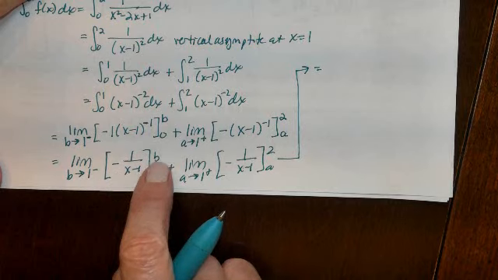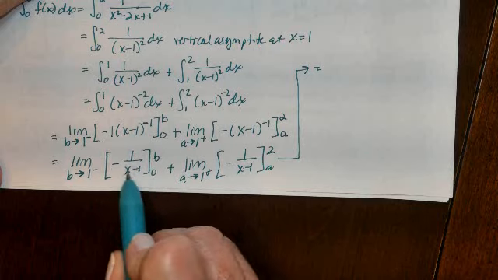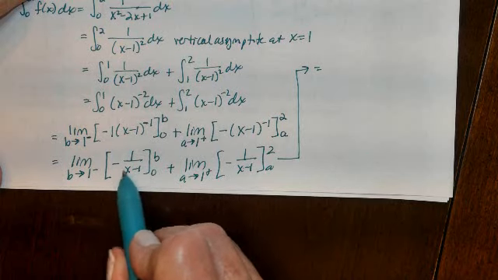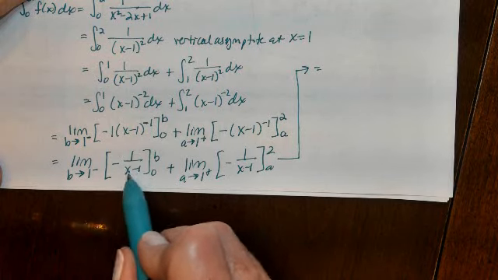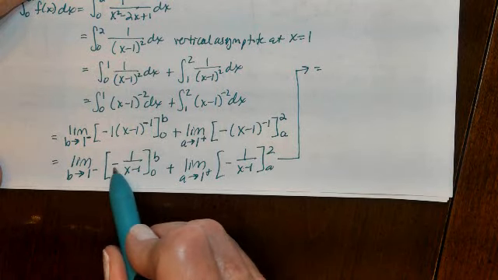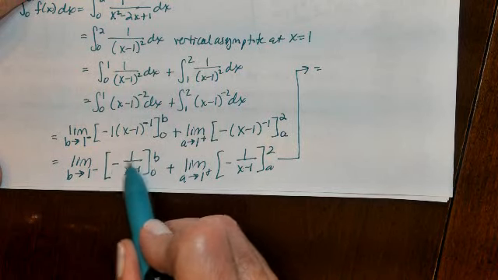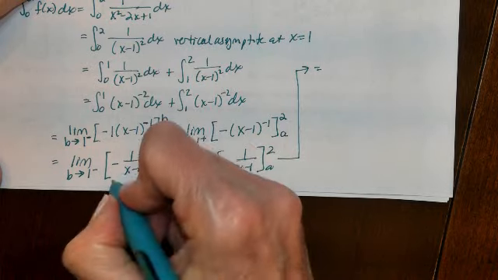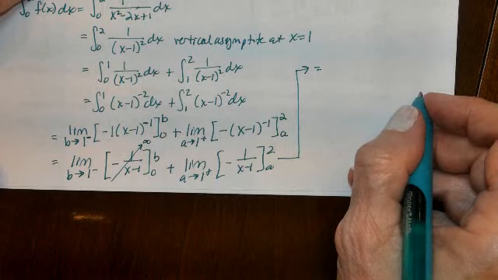So b goes in for x, and then 1 from the left is like 0.999. 0.999 minus 1, the bottom is going to 0, but it's still negative. So this whole thing here is going to negative infinity, but then we have this negative here, so it makes this whole thing go to positive infinity, right?